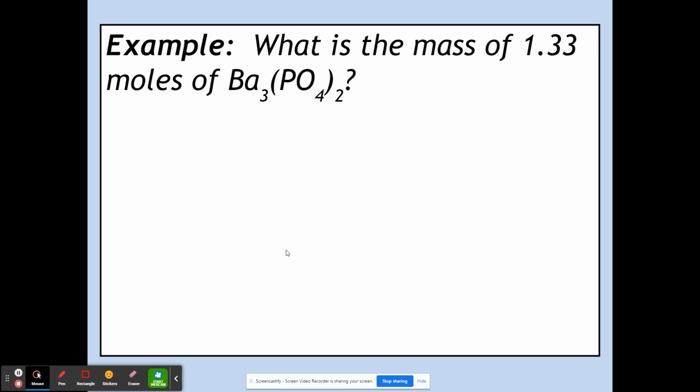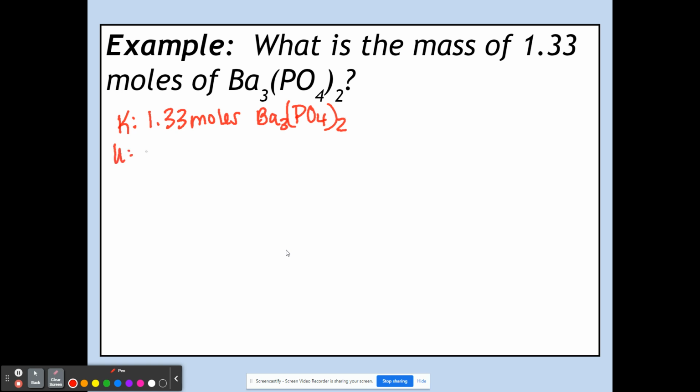So here we have, what is the mass of 1.33 moles of barium phosphate? So my known, my unknown, the mass.